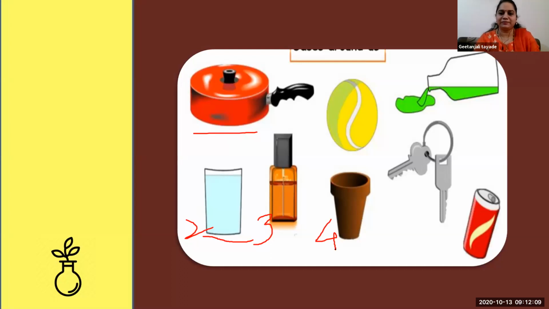It has more weight, and we have seen that the soil pots are brown in color. Yes, they are brown in color. They are not transparent. They are a little bit heavy. So you can conclude that they are made up of soil, and they are breakable also.